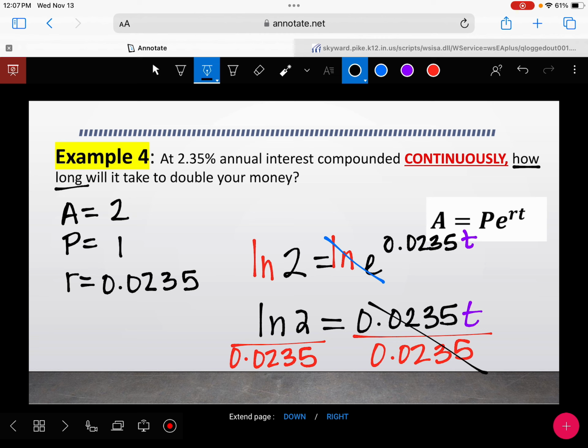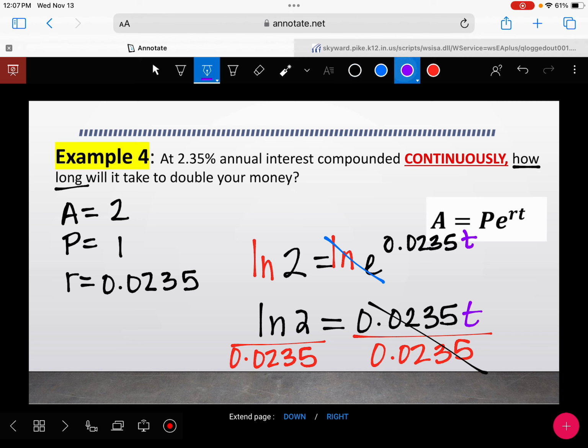I only gave 1 number. And because it's such a low interest rate, okay.